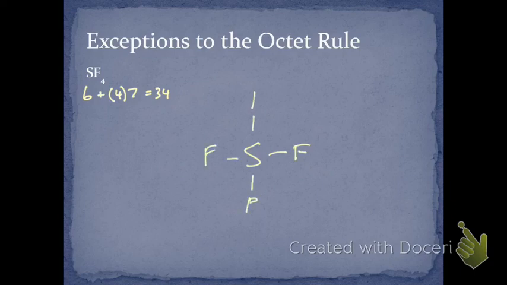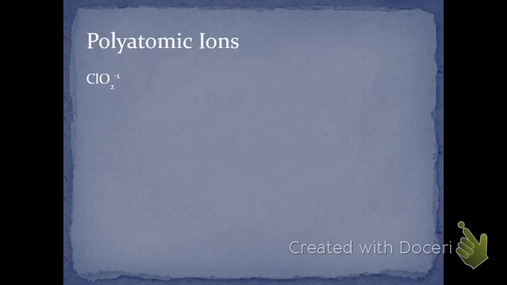Four are bonded to fluorine, so you use up 8, leaving 26. Then 2, 4, 6, up to 24 on the fluorines. There are 2 remaining, so we have to put the extra 2 on sulfur. All right, we'll stop here. The next one will be on polyatomic ions.